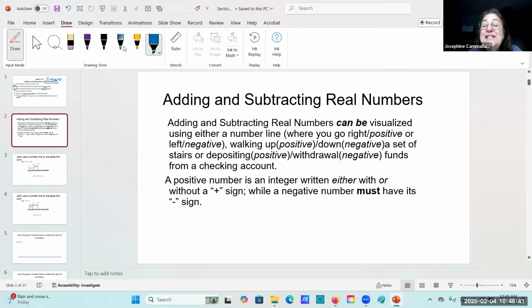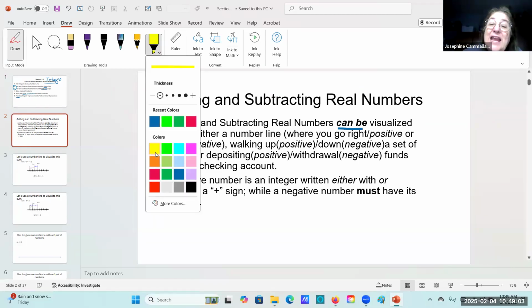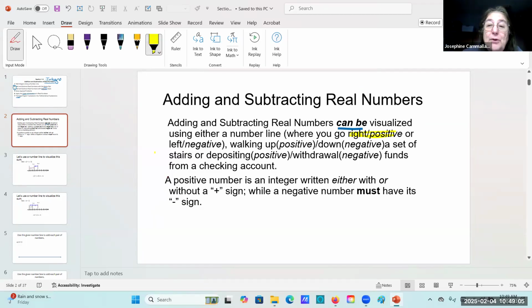Okay, adding and subtracting real numbers or integers can be done on a number line. And there are a couple of problems we're going to do where you're going to have to show graphing on a number line. Now, when you go right, you have a positive number.